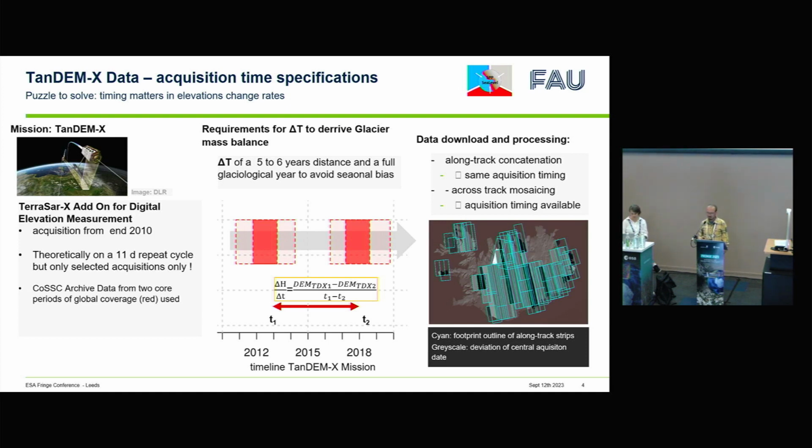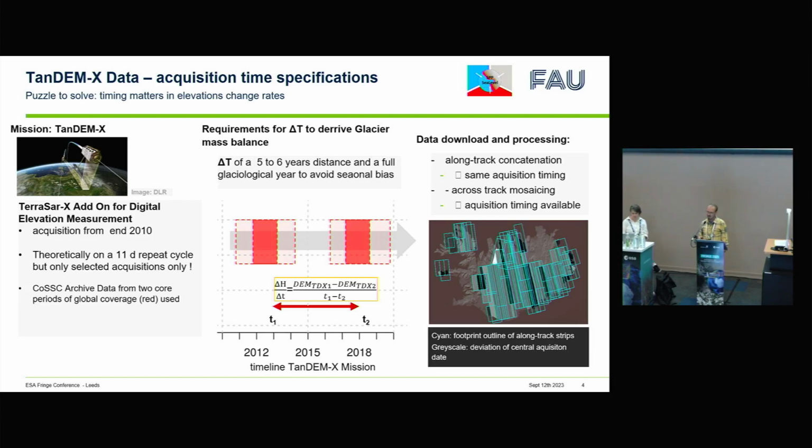So we had about a delta T of 5 years between the acquisitions, and where possible we tried to keep a full glaciological year covered to avoid seasonal effects. You will see that it is not always possible, which is also seen on the right panel.